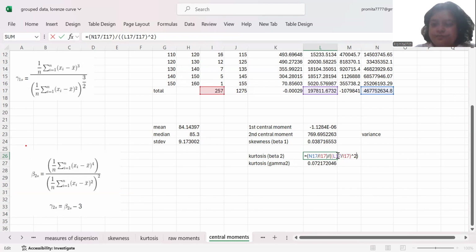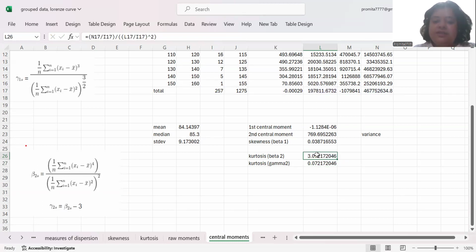So it's basically this divided by 257, whole divided by this one, again divided by 257 and whole square.